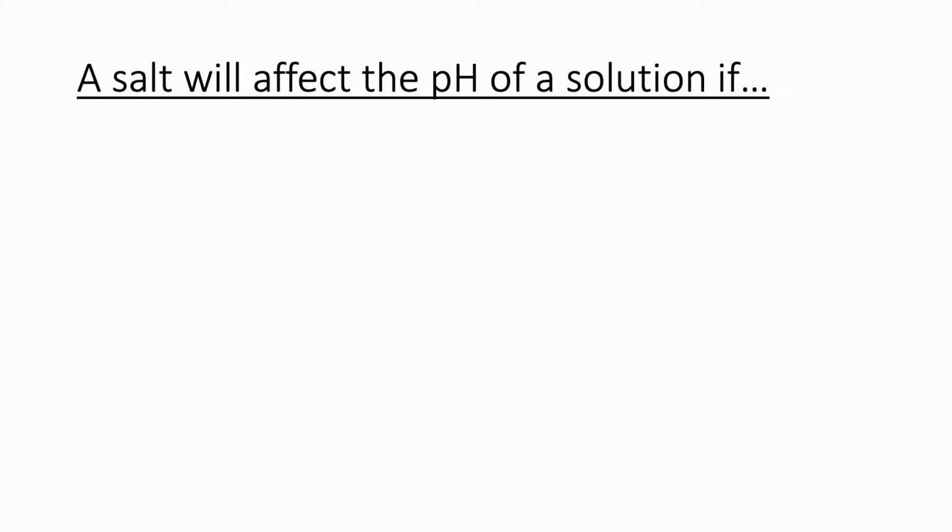So now that you have that under your belt, let's talk about how a salt can affect the pH of a solution. When we talk about ionic compounds, we always talk about having an anion and a cation. And so these two cases are based on what about the anion and what about the cation.